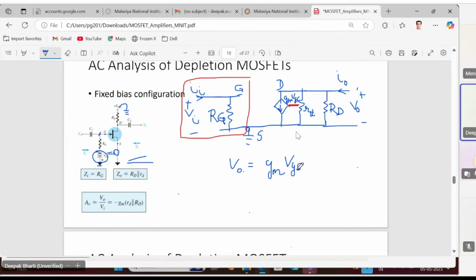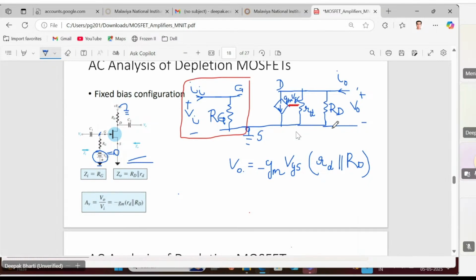GM VGS, that is the current, times small rd parallel capital RD. Okay, with a minus sign. Why minus sign? You can notice the conventions. Like V0, the polarity assumed is plus and minus, plus on the top, minus at the bottom. Whereas the GM VGS current is flowing in the opposite direction.